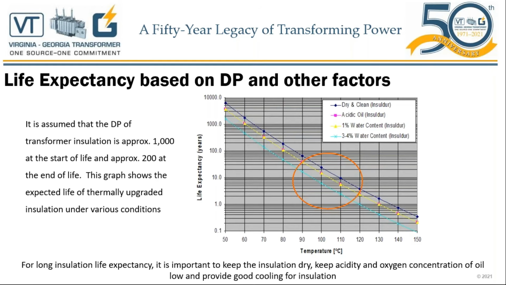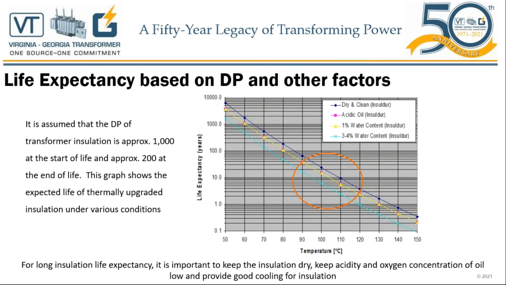So let's look at this chart here. Let me walk you through the 100 degrees on the x-axis. So find the 100 degrees and go upwards. The blue line is if the water content, at the same reference 100 degrees that the transformer is running, is around 3 or 4%, the expected life of the transformer will be less than 10 years.